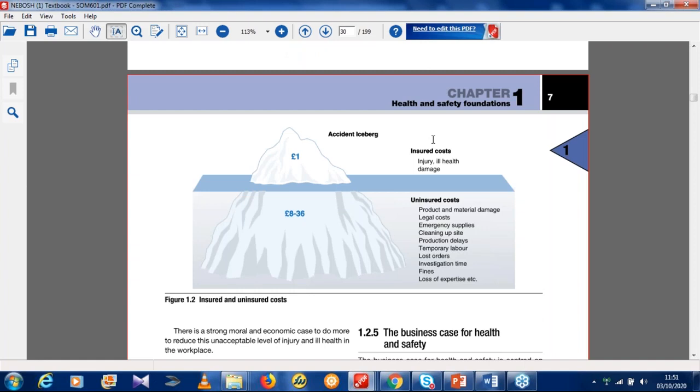When we say direct costs, we're looking at the cost that is incurred and has a direct effect of such an incident or event.